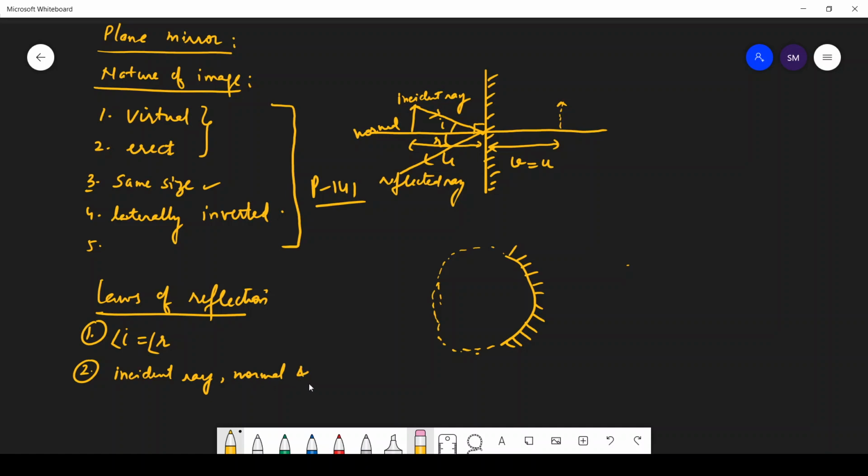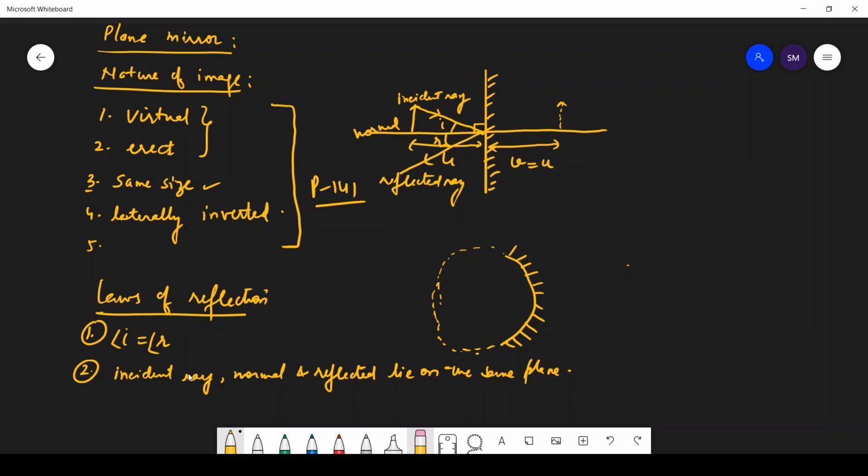So incident ray, normal, and reflected ray, all three of them lie on the same plane. So here also you can see that on the blackboard plane, all three of them lie on the blackboard plane.